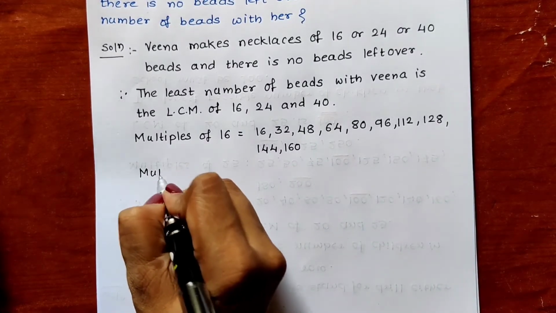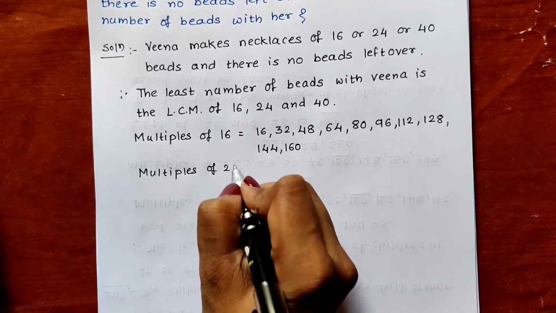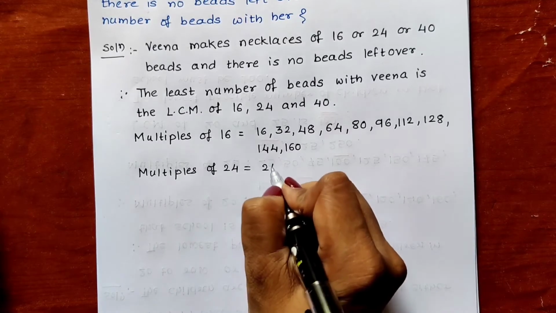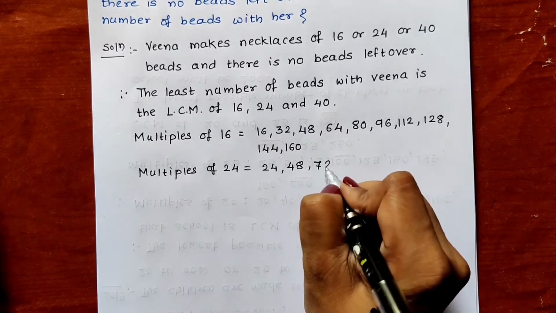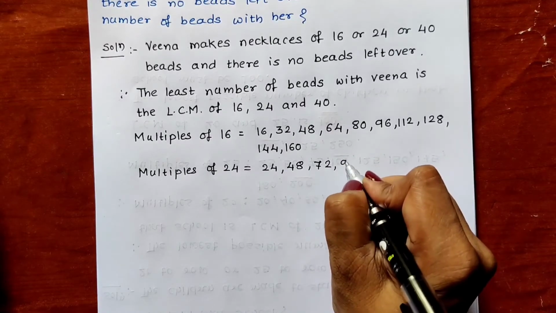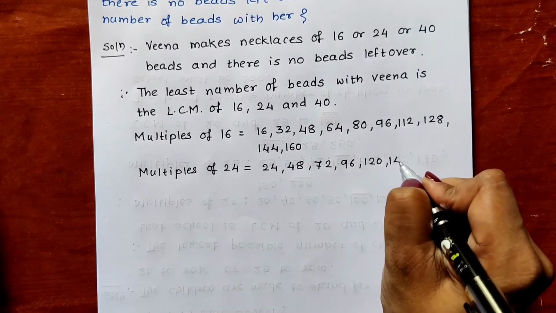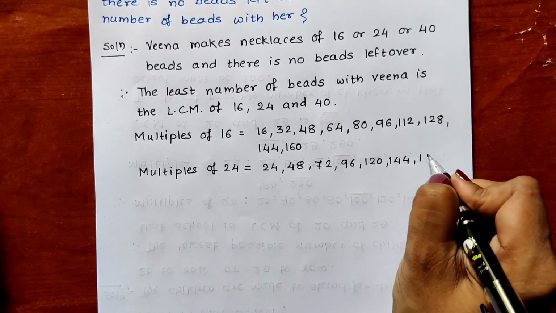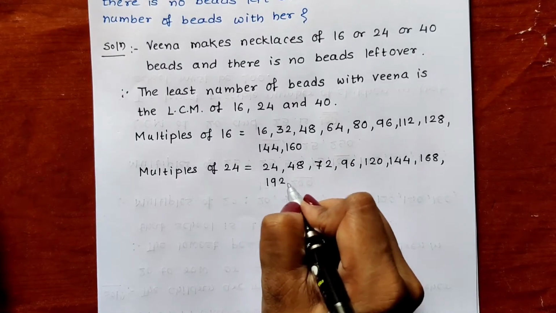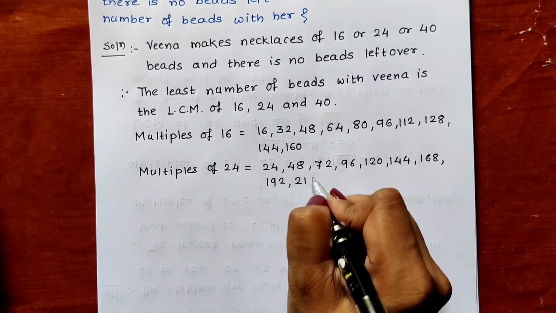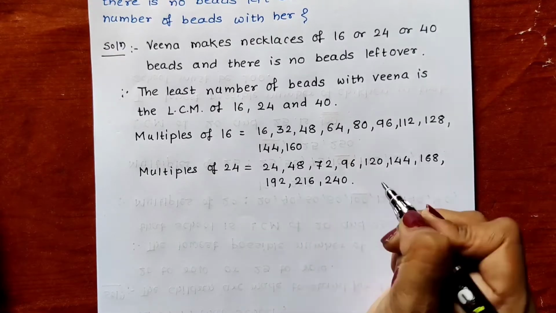Now multiples of 24. 24 ones are 24, 2s are 48, 3s are 72, then 96, then 120, then 144, 168, 192, 24 9s are 216, 24 10s are 240.